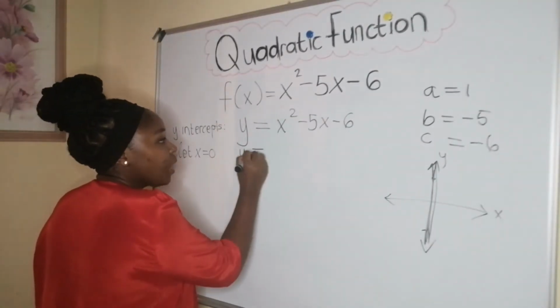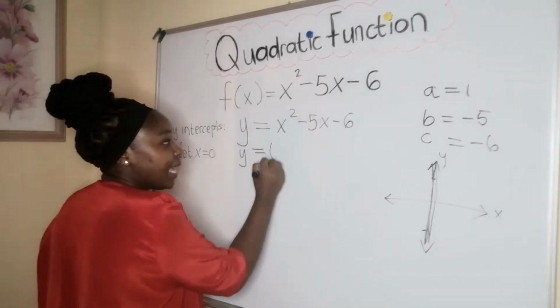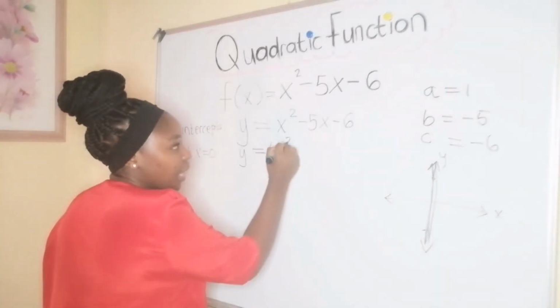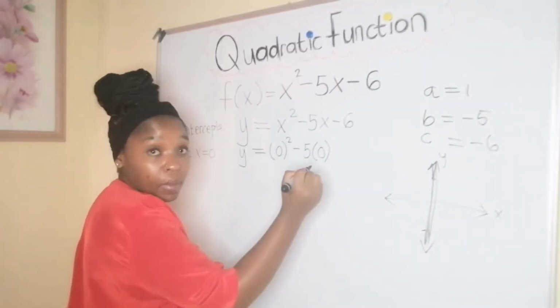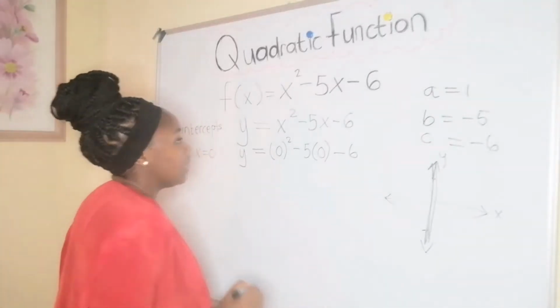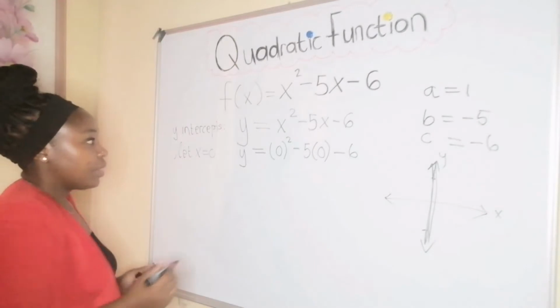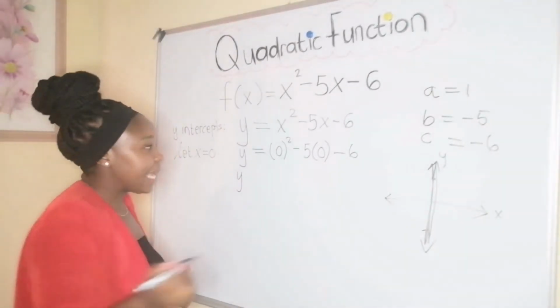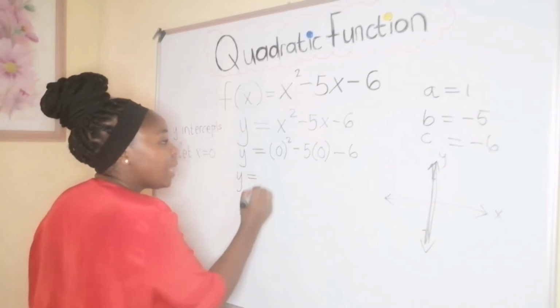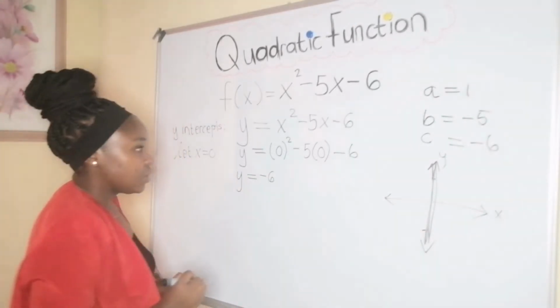So it's going to be y, which is equal to, if we let the x equal to 0, where you see your x, you're going to put a 0. 0 minus 6, okay? What are we left with, guys? We don't need a calculator for this. This and this simply cancel, and you find that your y is equal to minus 6, right?